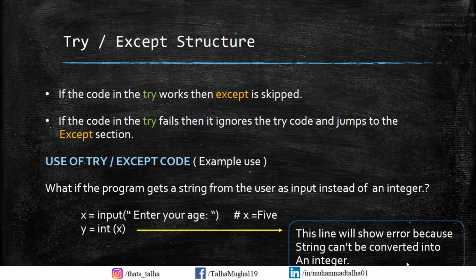Afterwards, we have to convert that string into an integer, which y is equal to int(x) is doing. But what if the user enters 5 in words instead of writing 5 in numbers? Then the second line, y is equal to int(x), will show an error because the string cannot be converted into an integer. That's when the try and except structure comes into action.